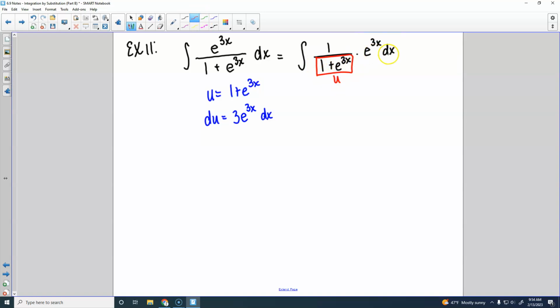I've almost got my du, but I am missing a 3 with it here, which means I need to put a 1/3 out front. So that will give me du right here. And so I'm going to get 1/3 integral of 1 over u du.